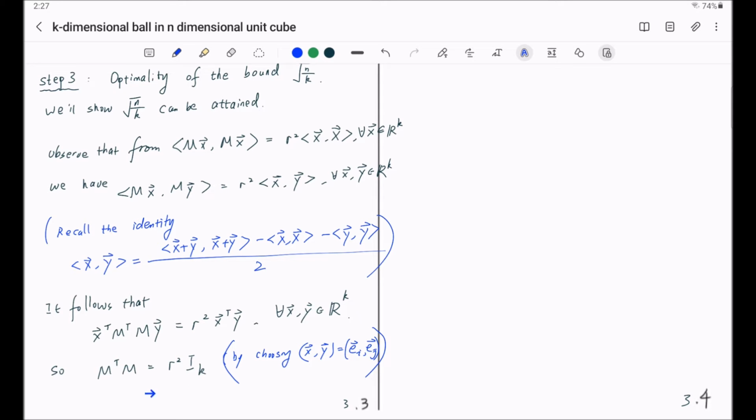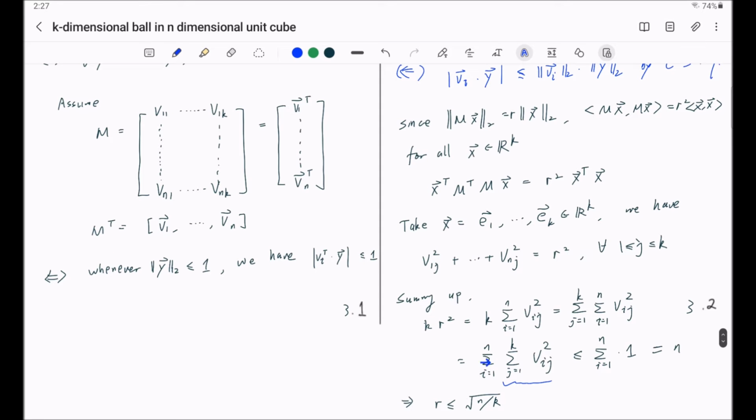Okay, so we have learned more information about this matrix M. And now we go back to look at the inequality we derived from here. We observe that the only place where we have inequality, k r squared less than or equal to n, is here. So the question of when this inequality becomes an equality is the same as the question of when this inequality becomes an equality.